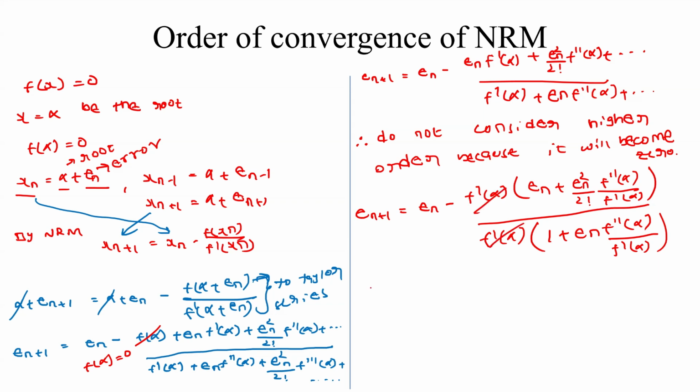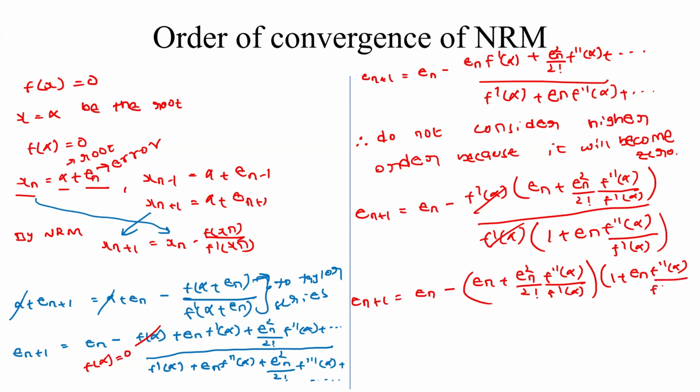Here f dash of alpha cancels, and taking the denominator to the numerator it becomes power minus 1, and then I will expand this using binomial.